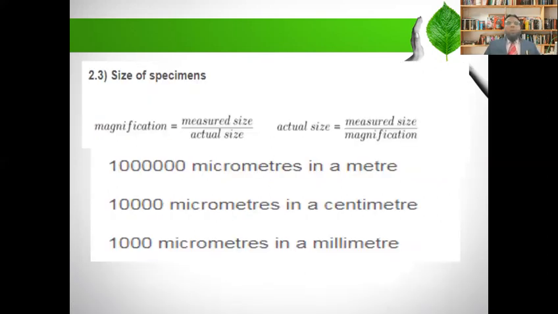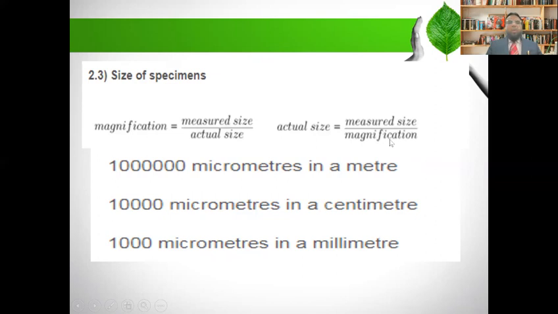Now, one more thing is about the size of the cell, that is 2.3. It's about magnification. What is the formula of magnification? Measured size divided by the actual size, or measured length divided by the actual length, or measured diameter divided by the actual diameter. We can also derive the formula of actual size from the same magnification formula: actual size equals measured size divided by the magnification.